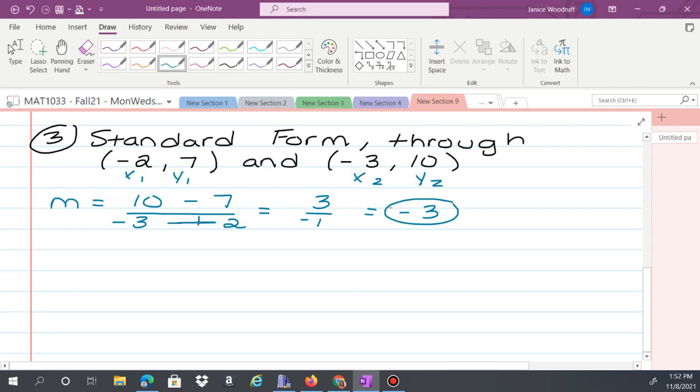Okay, so it's through these 2 points. Here's the slope. So now I have to put it in point slope form. Okay, so I'm going to go y minus y1 equals m x minus x1.